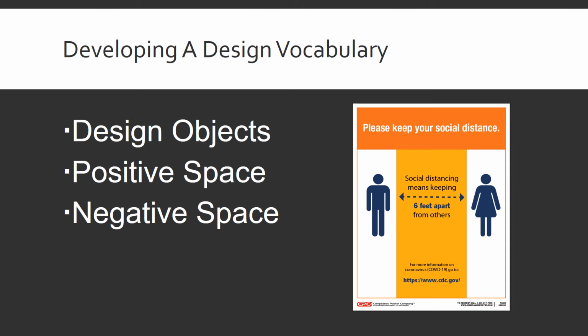And if we don't have enough negative space, a document can be very crowded feeling, right? And that can also lead to that feeling of, this looks really unprofessional. So when we're talking about all of the things that make up the positive space, or the space that's filled in, those are design objects. The negative space is the space that surrounds those objects.